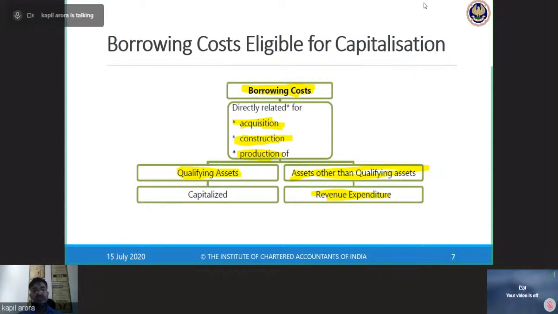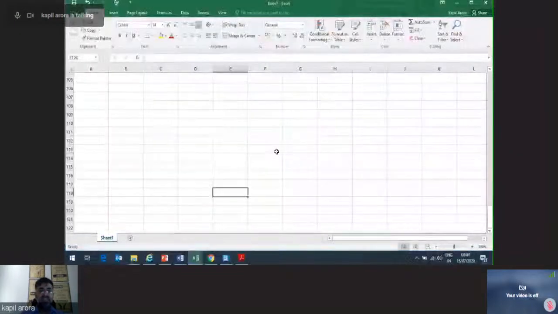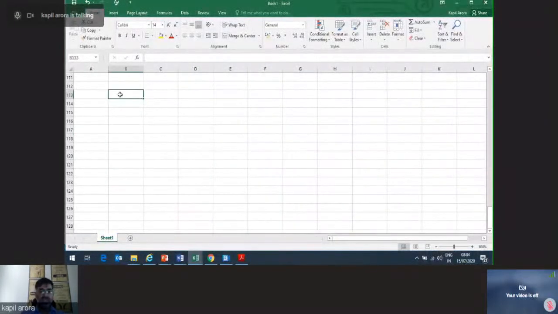Now the question comes up, when I take the loan. I just take one scenario here. DLF wants to construct the apartment.